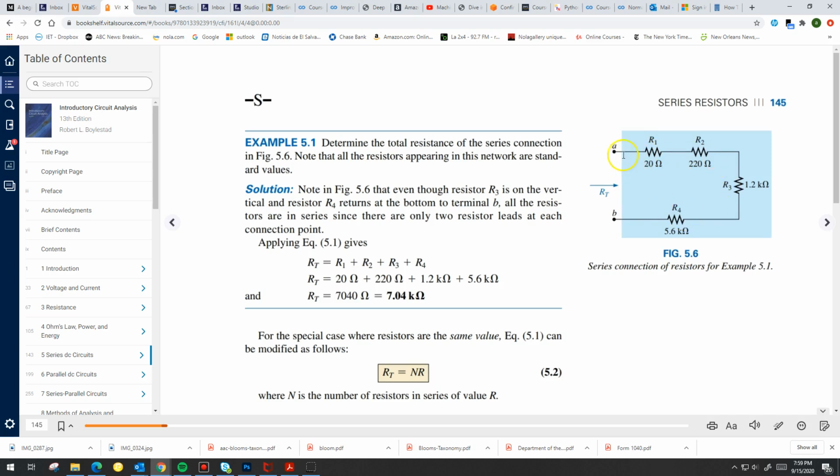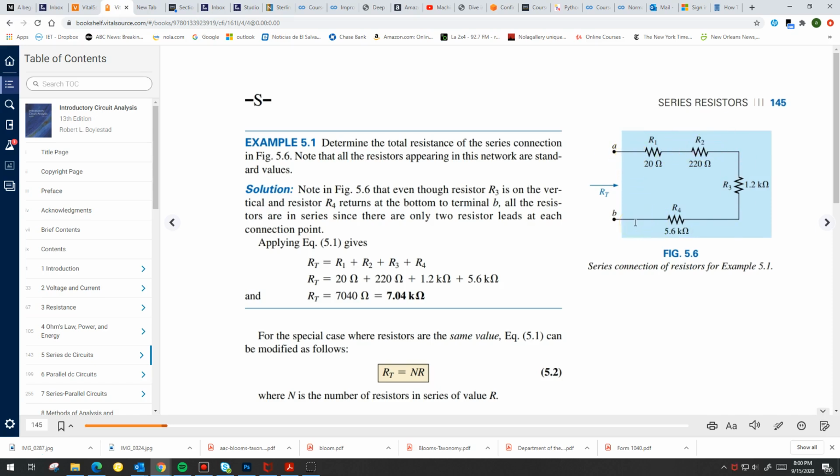The battery will see the total resistance connected to it. And so the source sees a total resistance looking into those terminals, A and B. In this case, the total resistance will be the addition of R1, R2, R3, and R4, because they are in series.